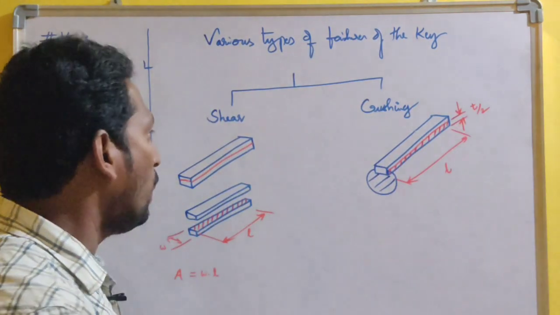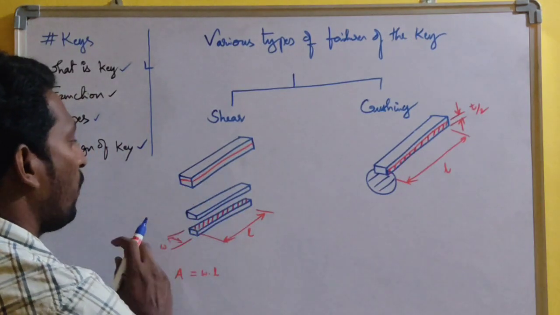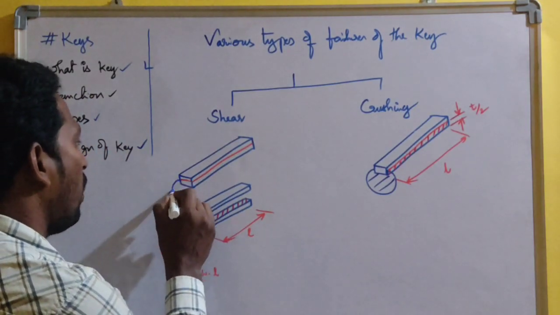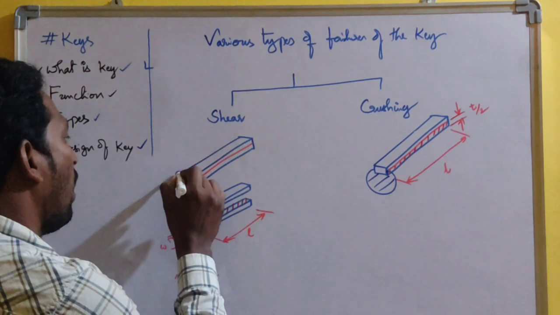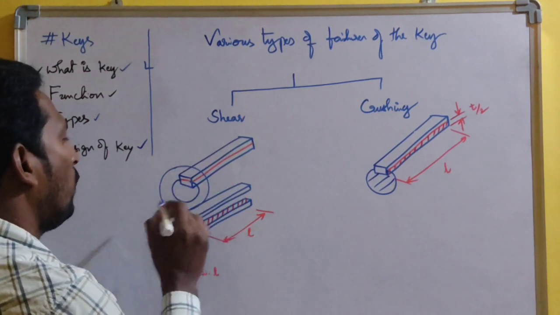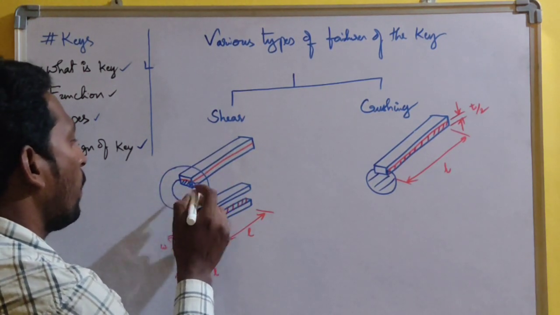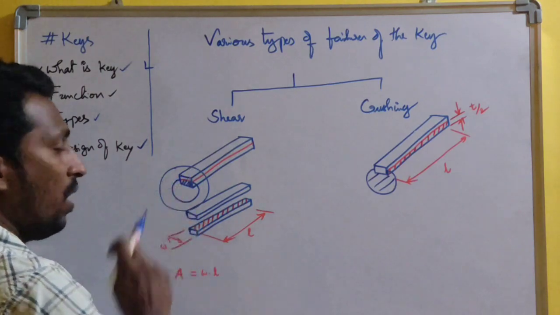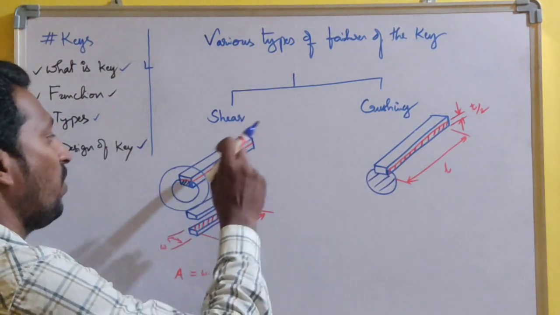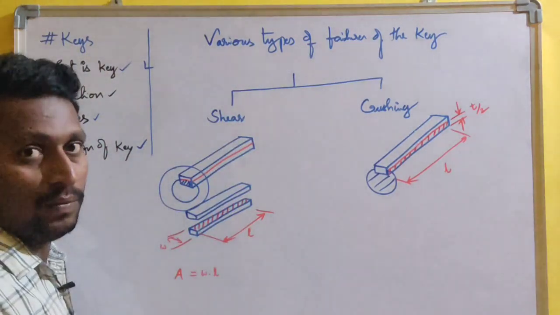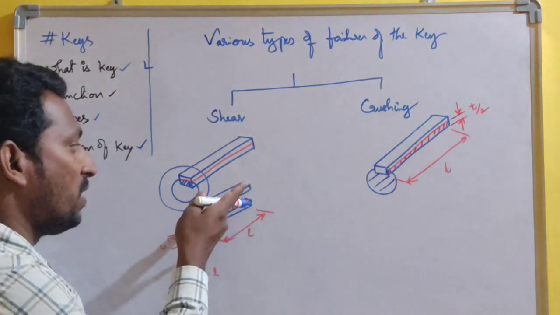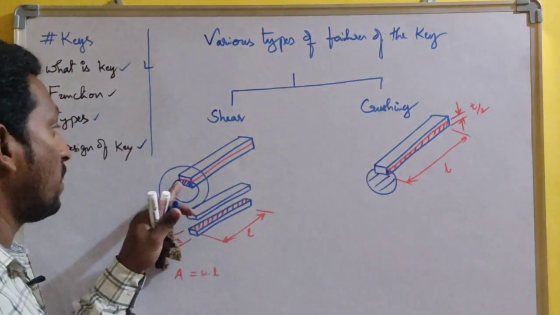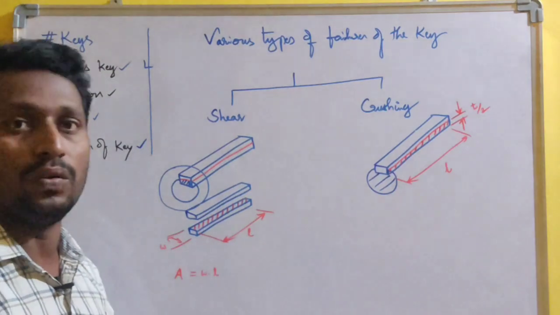In case of this shear failure, when we have a solid shaft like this and a hub like this, the bottom portion of the key remains in the solid shaft, and the top portion of the key will be in the hub portion, so this way the shearing takes place. This is shear failure.